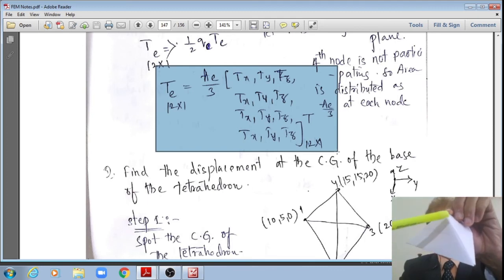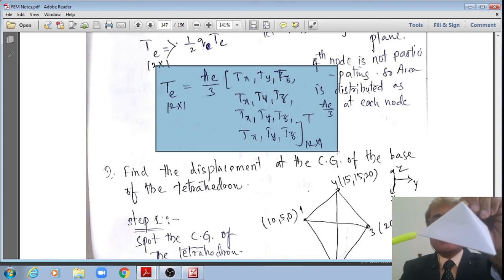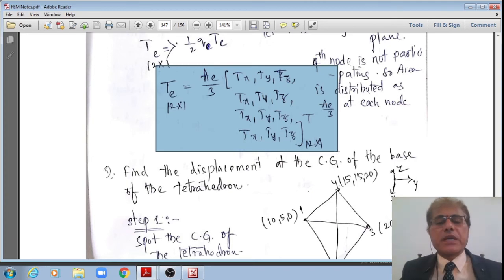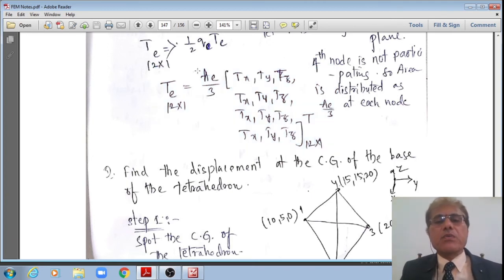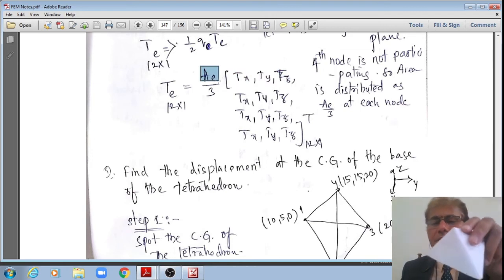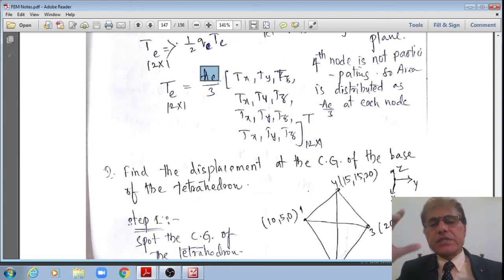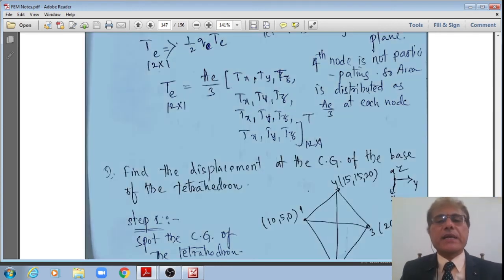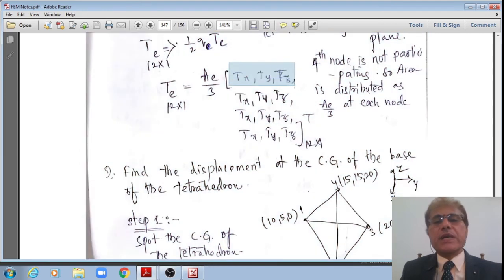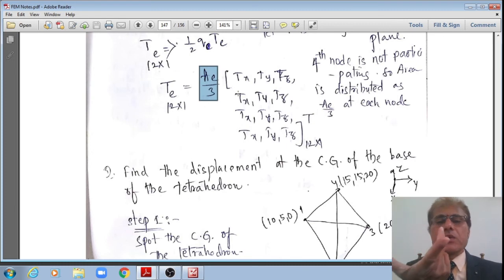Once it is acting at the CG, it will distribute equally to all the 3 nodes along all the 3 Cartesian coordinate directions. Hence, outside I have a constant 1 by 3 operated upon the traction forces and the area of this plane 1 2 3 or 1 3 4, as appropriate, any plane on which the surface traction force is acting. That is how Tx Ty Tz multiplied by Ae by 3 at node 1, along the 3 Cartesian coordinate directions.